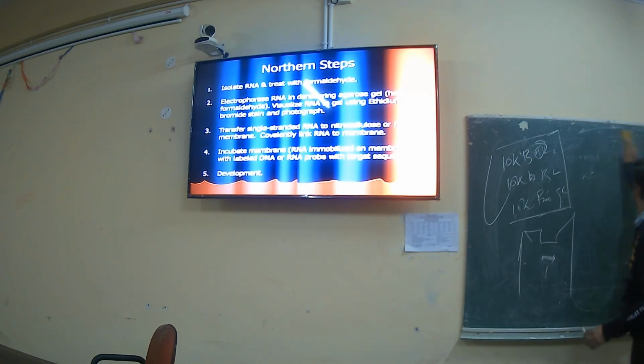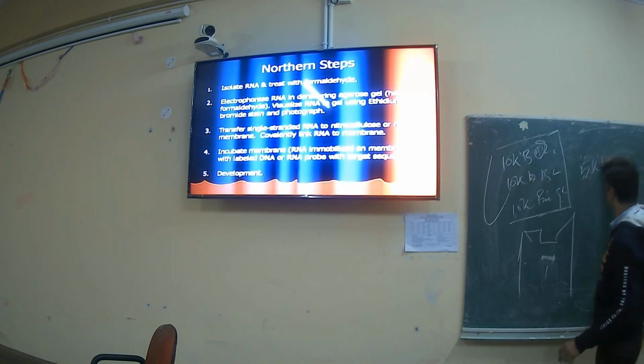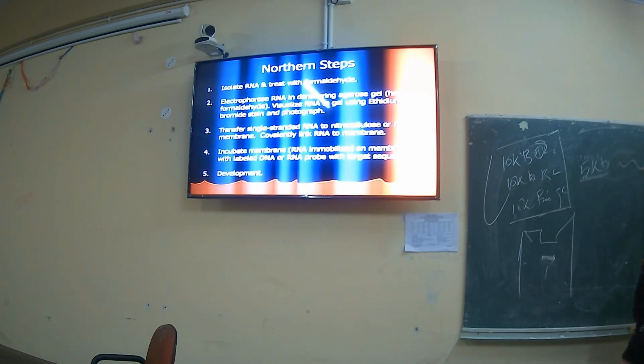Let's make it easier. Suppose we take 5 kilobase pair. Here we choose a 5 kilobase pair linear genome, or linear double-stranded DNA.